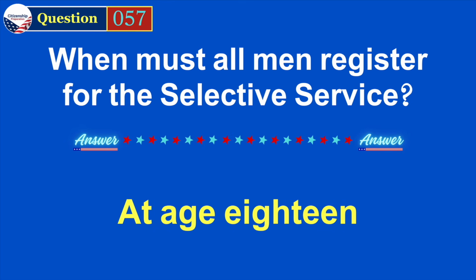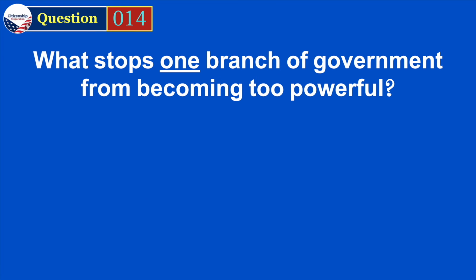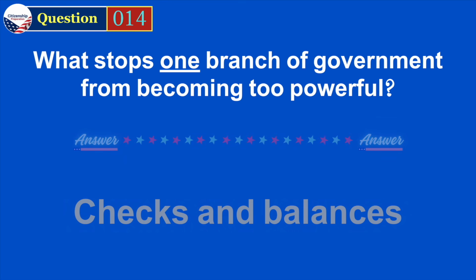At age 18. What stops one branch of government from becoming too powerful? Checks and balances.